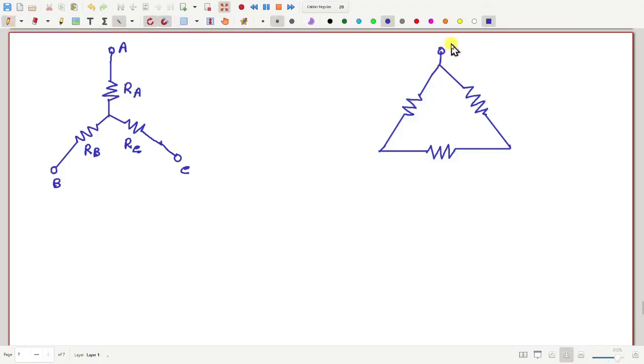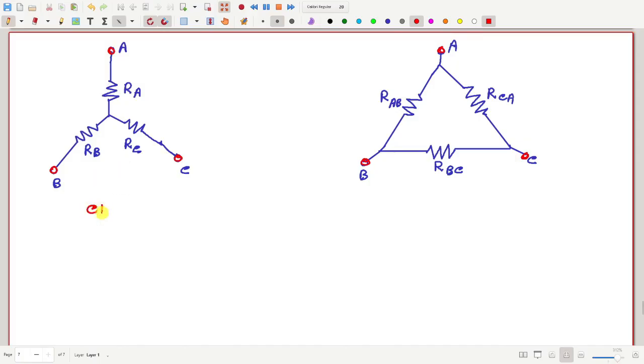Let me call these nodes A, B, and C. This is RAB, RBC, and RCA. Both these circuits have three terminals, A, B, and C, and you can connect other circuit elements, voltage source, current source, resistors, complicated circuits between these three nodes in either of these two circuits.